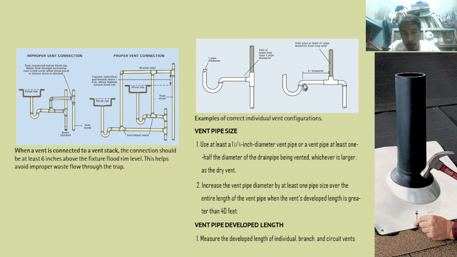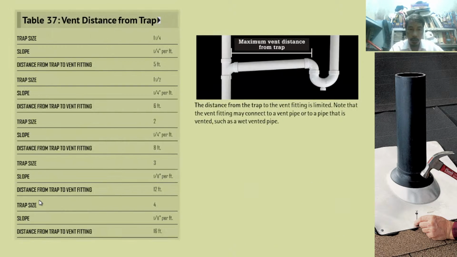So here, the distance from this point to this point must be 2 times the diameter. This is the maximum bend distance from the weir to this.